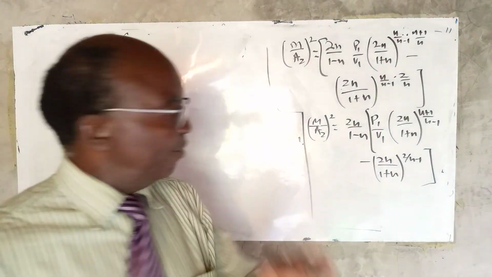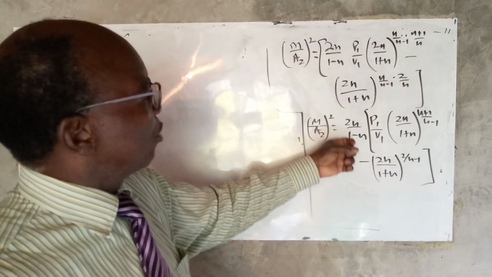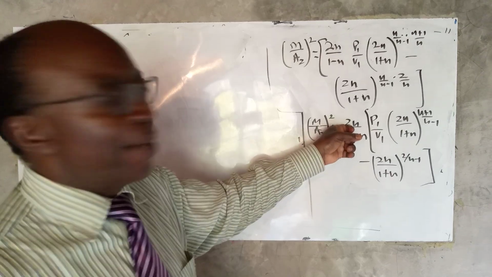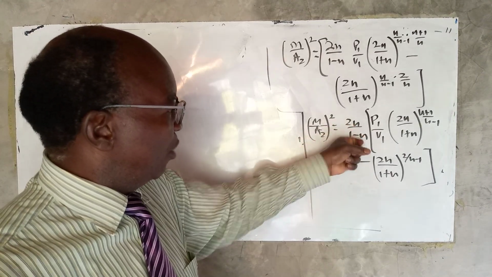if you look at it carefully, you notice that this is 2n over 1 minus n. So if you multiply by a negative number, then we'll have 2n over 1 plus n.